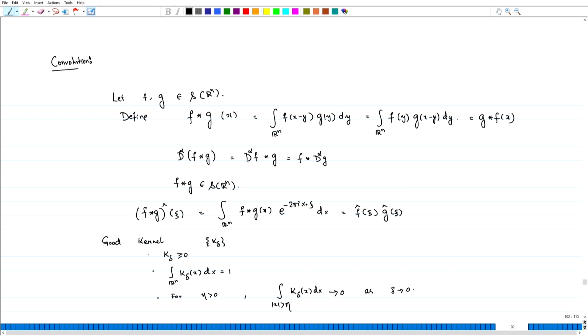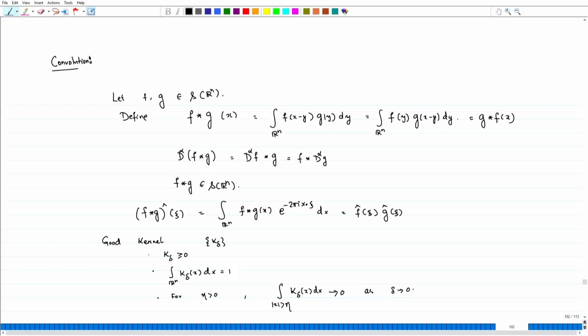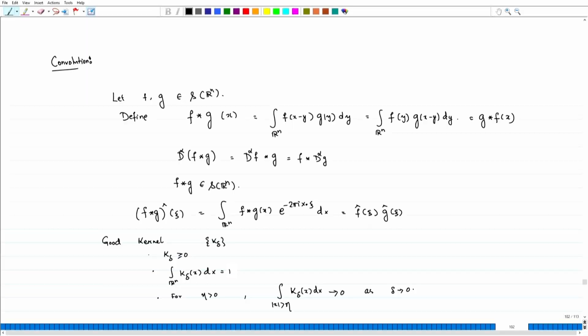This means it is concentrated near the origin, and the tail is very small, which we can control. So, all the relevant portion is going to come from the neighborhood of the origin. Okay. So, this is what we have seen, how useful they are in our analysis of R.